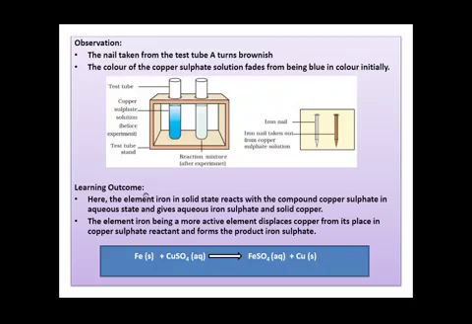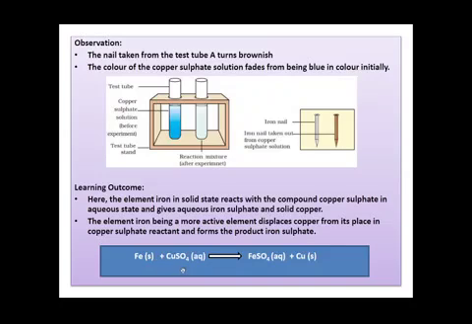So what learning outcome do we get? Here the element iron reacts with the compound copper sulfate. You can see in this particular reaction, the iron of the iron nail reacts with the copper sulfate solution and forms ferrous sulfate and solid copper. So what is happening here?